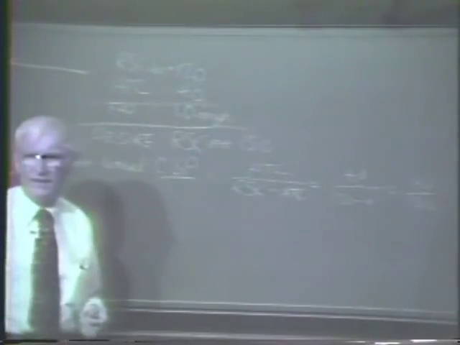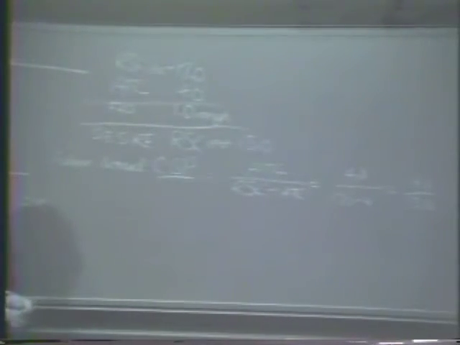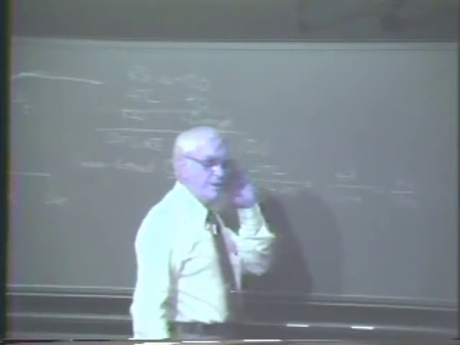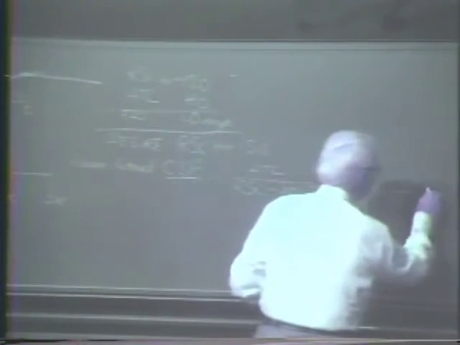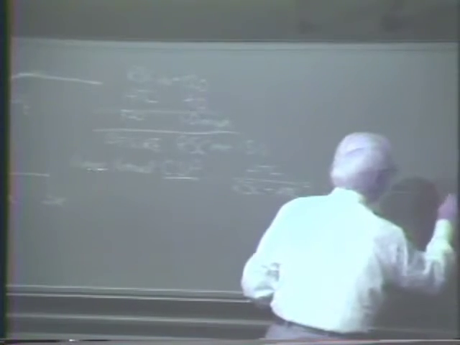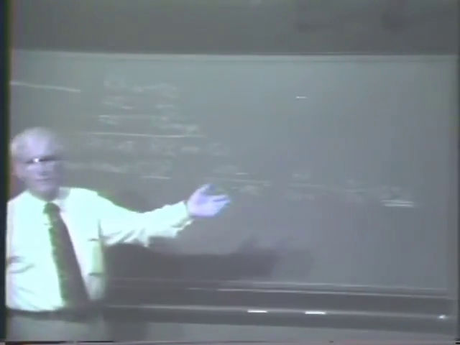What's 4 divided by 13? 0.31. In other words, you are returning about 30%.